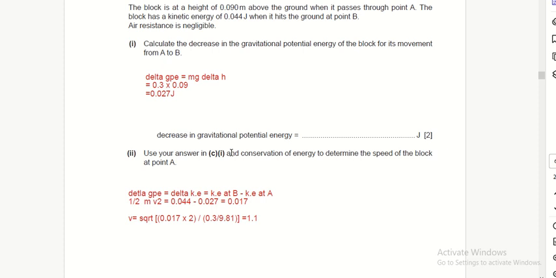And using conservation of energy, determine the speed at A. So here we can apply that delta GPE equals delta KE.